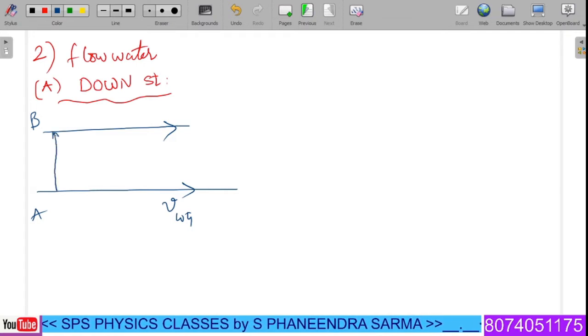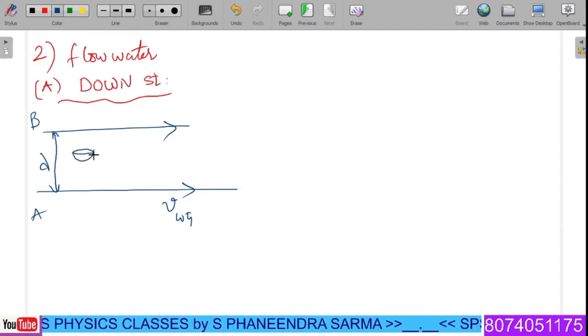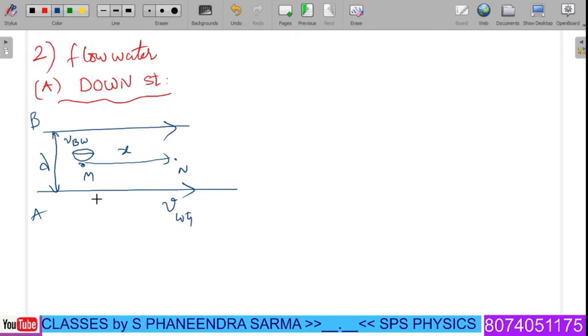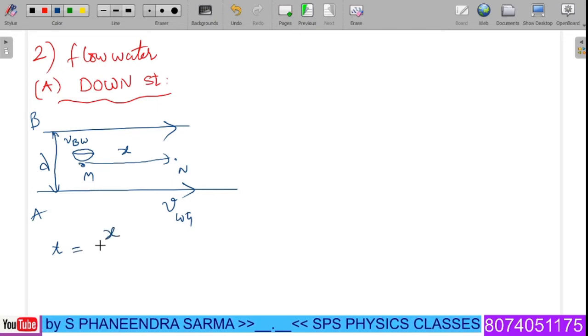The width of the river is D. Imagine that the boat is moving with speed VBW in this direction, downstream along the stream, over a distance of x. The fixed points are given by capital M and N. In this case, we need to compute the time of journey, which is given by distance by speed, where x is the distance.